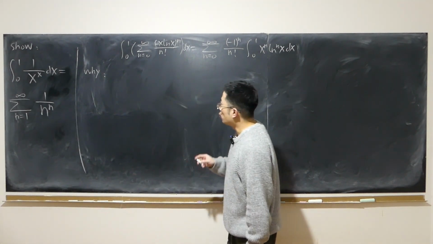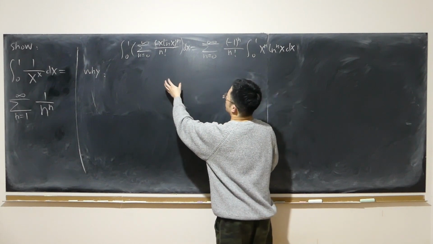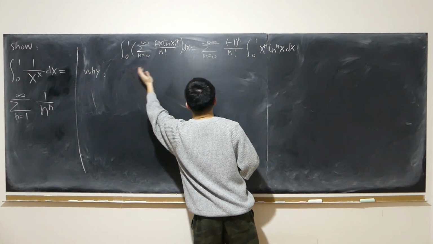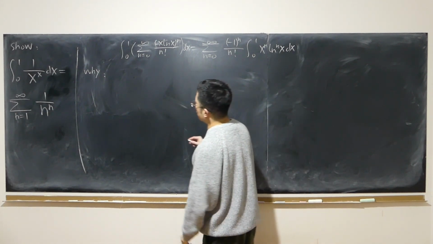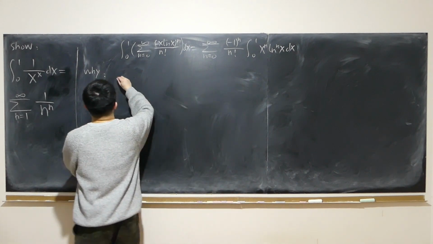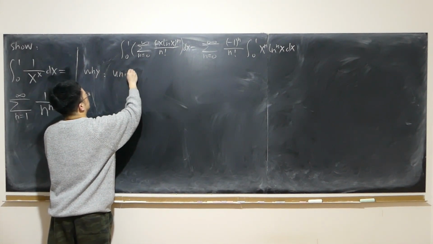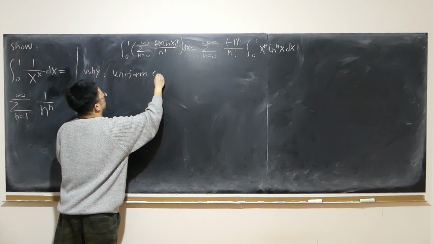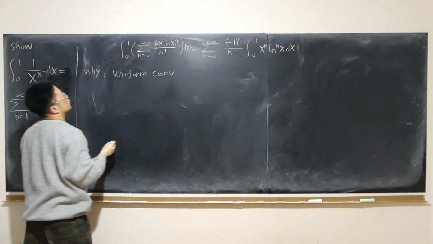So the legality: why can I switch the order between infinite sum and integration? The reason is uniform convergence.